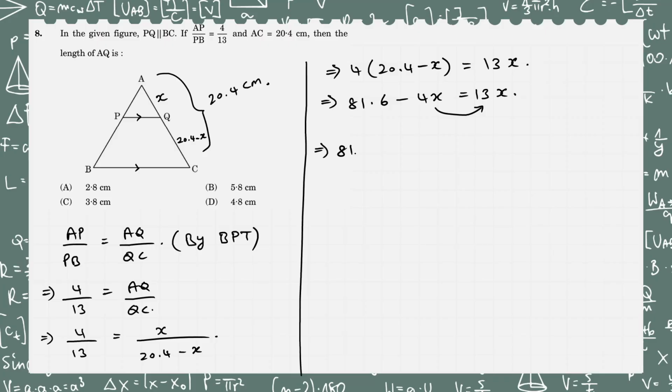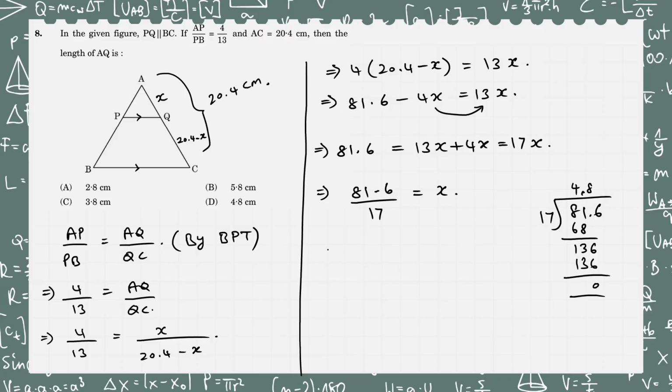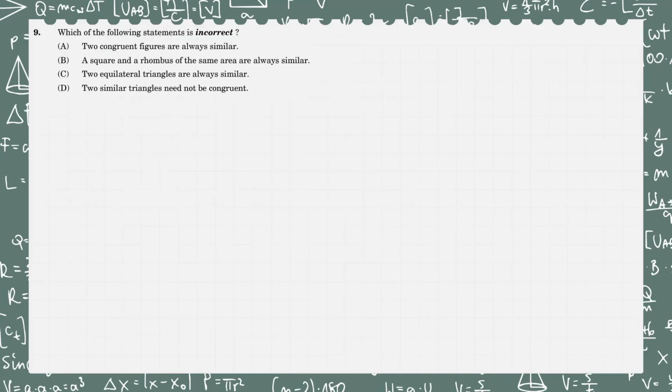So we get 81.6 equals 13X plus 4X, which is equal to 17X. So if we divide by 17, 81.6 divided by 17 equals X. So the answer is 4.8, which is available in option D. So that's the correct answer. Let's move on to the next sum.